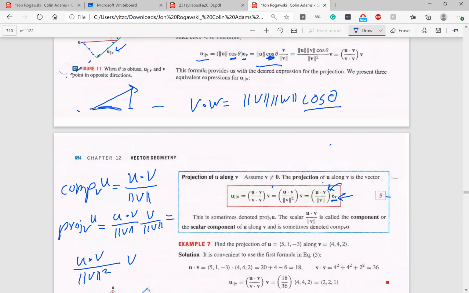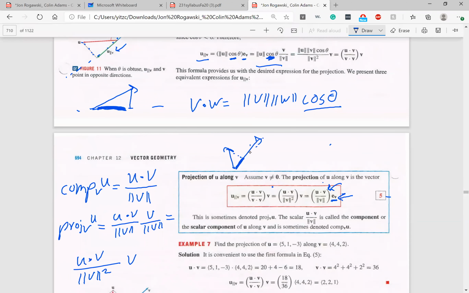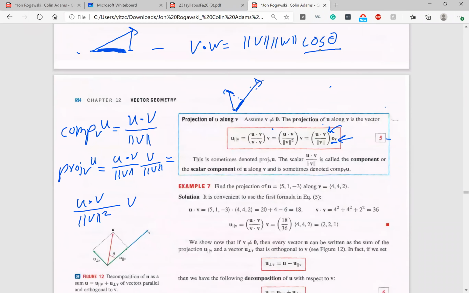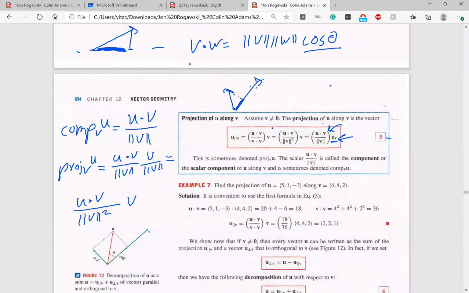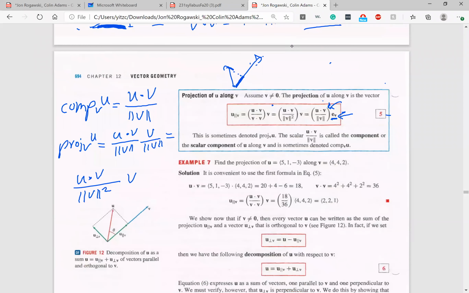So it allows you to find this. And that's why even if my vectors are a little skewed, I can still imagine that this is my x-axis, project this thing down, find this component, find the unit vector of this vector, and that's how I can find my projection. So that's a very big use of the dot product: instead of using cosine, you get to use the dot product. So the dot product can always replace cosine, actually.